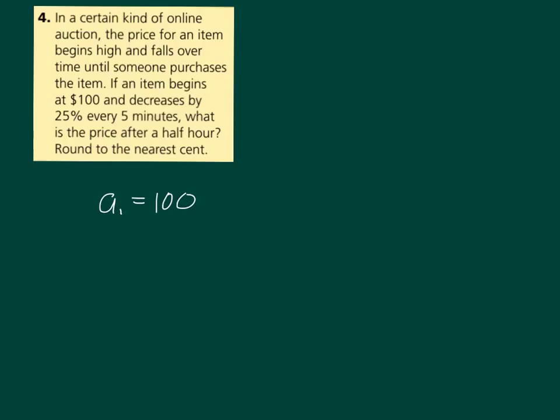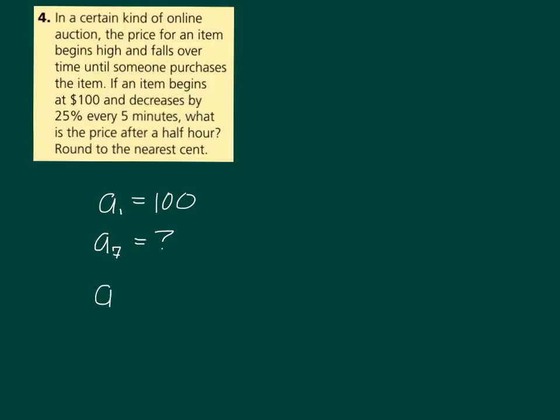It changes 6 times. But the first term was where we started, right? So if we start at 100 and then change 6 times, we're at the 7th term in our sequence. We are looking for the 7th term.